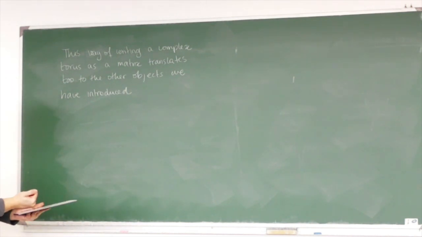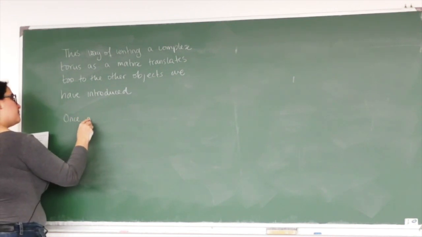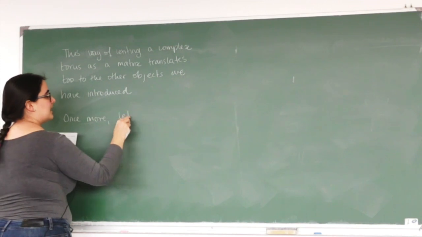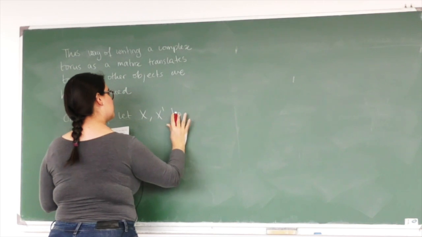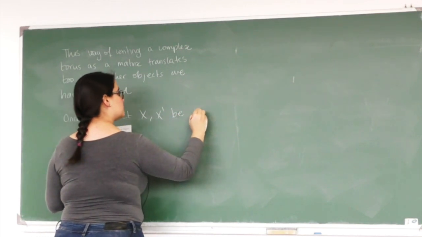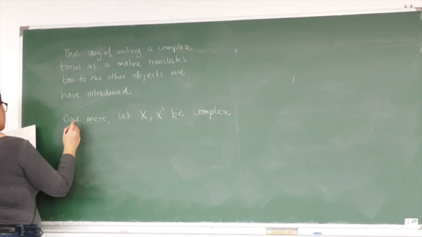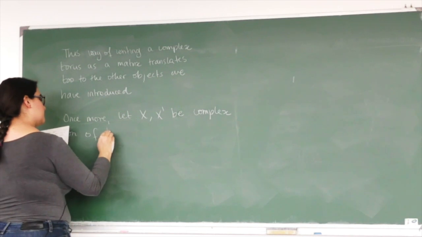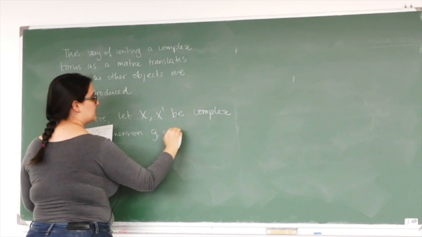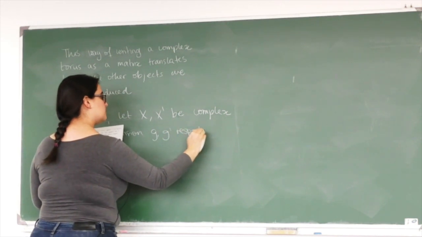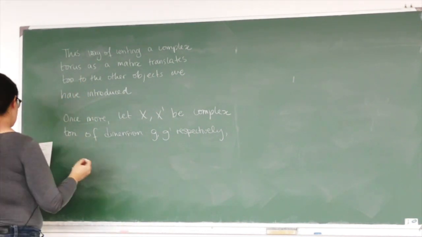We will start again with homomorphisms. So once more, let X and X prime be complex tori of dimension g and g prime respectively. And now we take a period matrix for each of them.